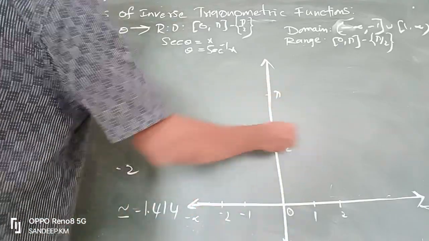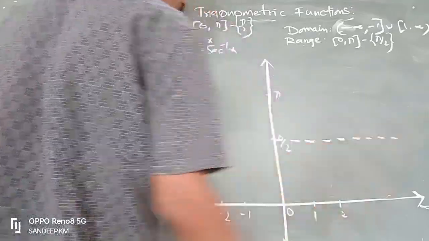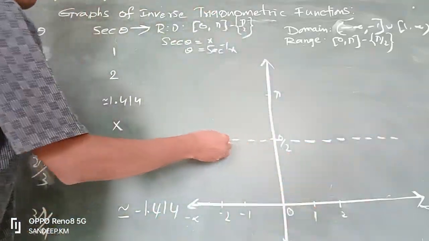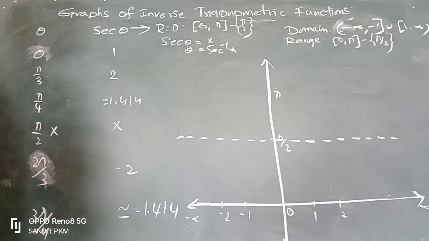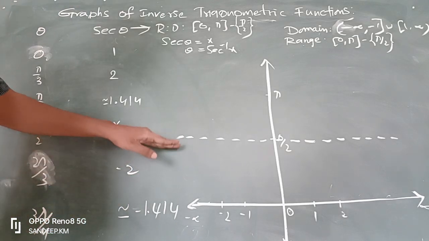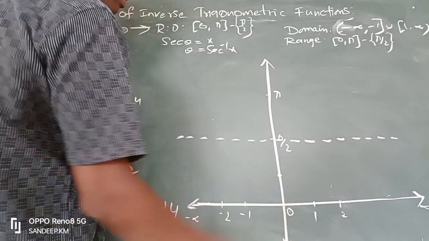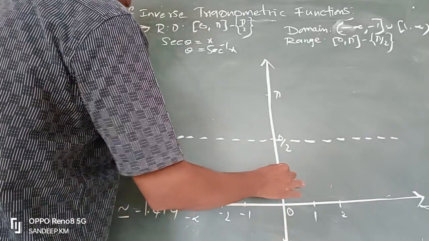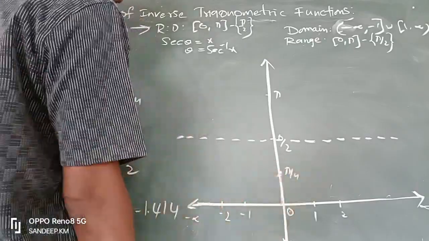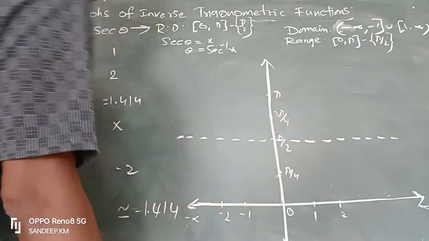Pi by 2 cannot be taken, which means draw a dotted line. It becomes easy for us to draw the graph of the inverse trigonometric functions if you know where to draw the dotted lines. Next, pi by 4 means 45 degrees. 3 pi by 4 is 135 degrees.